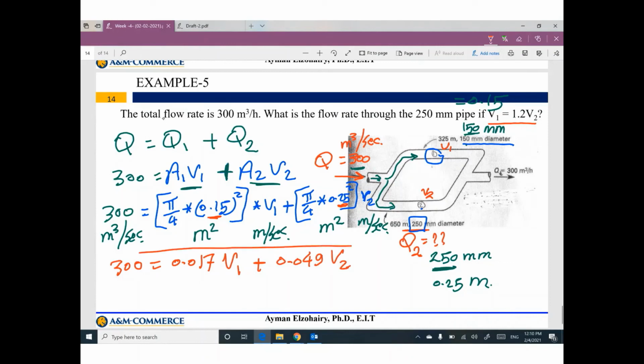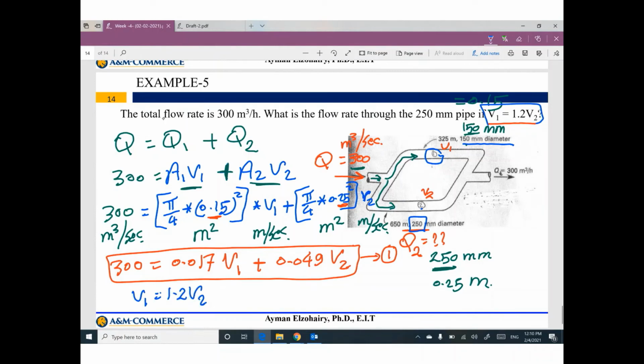This is the first equation. We have two variables, V1 and V2. What do you think? We have another equation which is given by the problem, that V1 equals 1.2 V2.